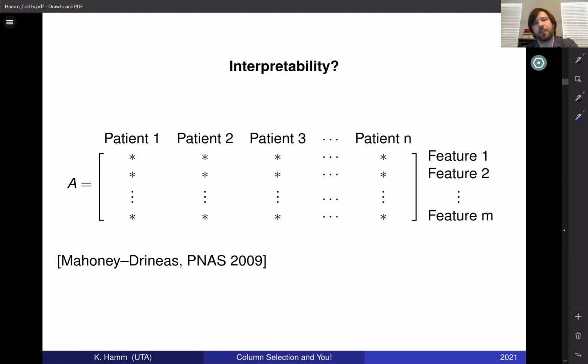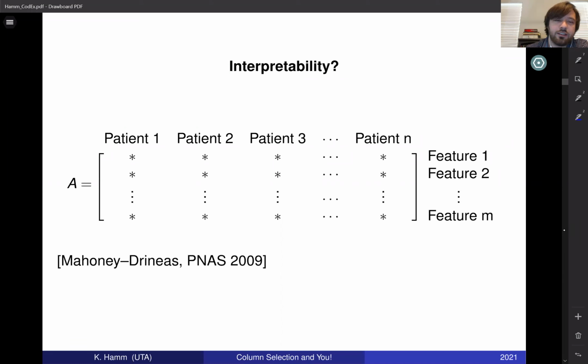And so what I might find is some strange linear combination of these features, of these genetic markers, that according to PCA is meaningful, or that finds the direction of most variance within my set of patients. If I want to draw a direct conclusion from that, it's difficult, and the reason is that I'm now looking at things in this abstract basis coming from PCA.